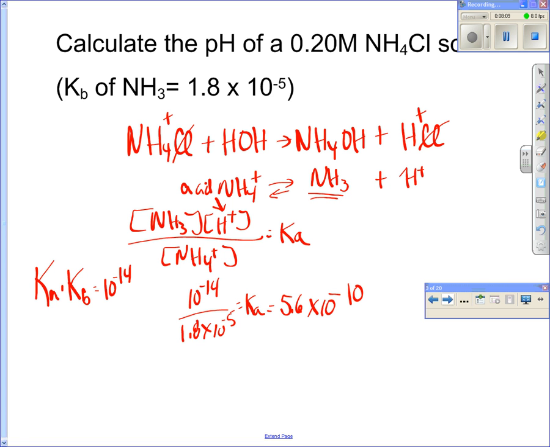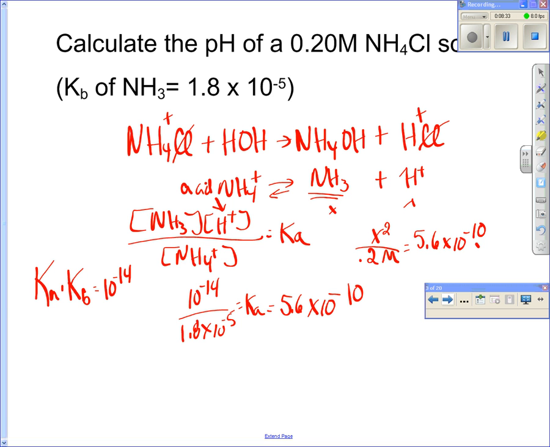And so if I plug in then, NH3 and H+ are both going to be my x's, so this is x and x, so I get x squared. My initial, remember, is going to be 0.2 minus x, but we're assuming that that x is going to be very small, and obviously if I have a 5.6 times 10 to the minus 10, it is going to be very small.